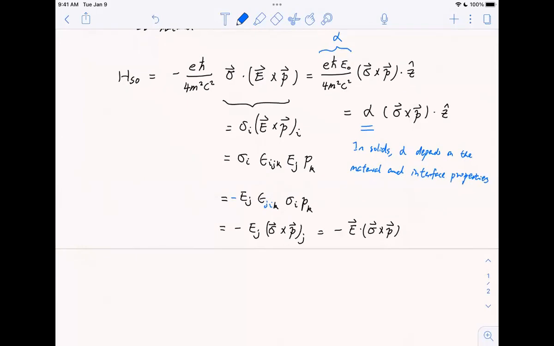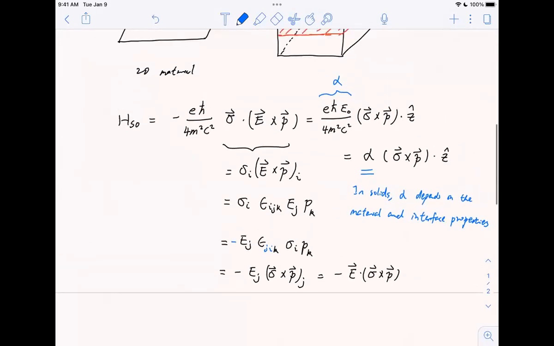For example, if the electron is in the solid, then usually you use the effective mass, not the free mass. So you need to modify this according to the solid. But overall, this is just a constant that depends on material and interface property. So the key part is this part. This part will give you the form of the energy dispersion. Is that okay? Any questions?